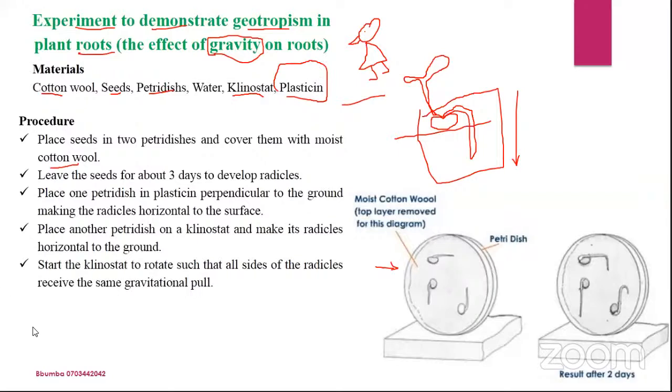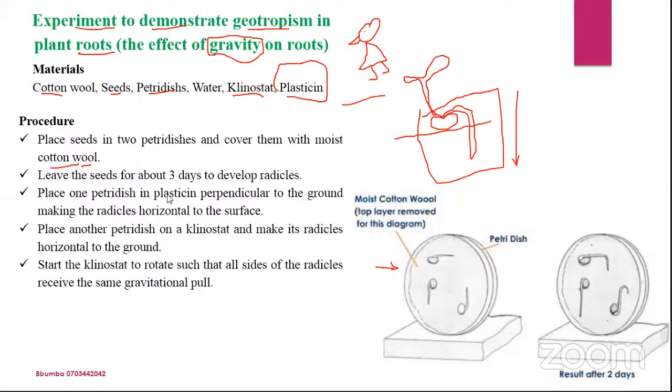So the procedure means the steps that are taken when we are working on this experiment. You place seeds and cover them with moist cotton wool. Now, cotton wool, I'm telling you, it is acting as soil in this case. Then the seeds for 3 days develop radicals.